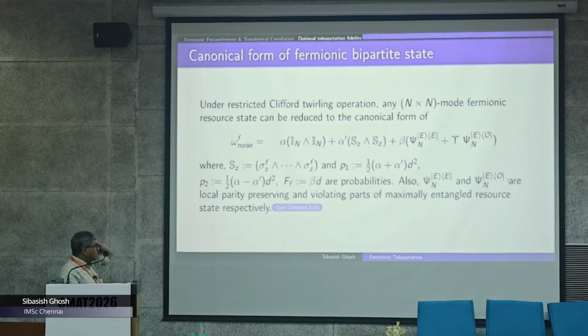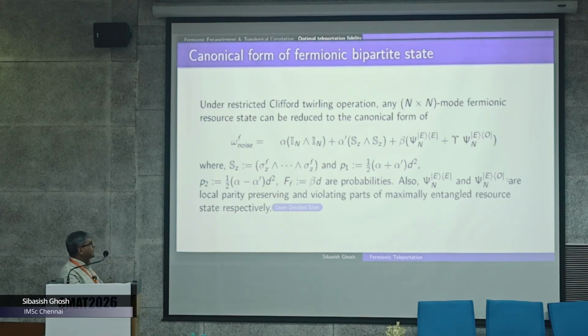So let me tell you what this canonical form is. You start with any n cross n mode fermionic entangled state, and then you apply this local twirling operation. What you will get is a state of this form. So this is generally the noisy state.